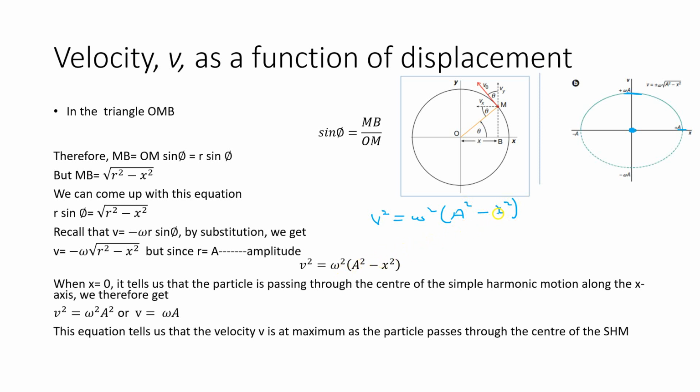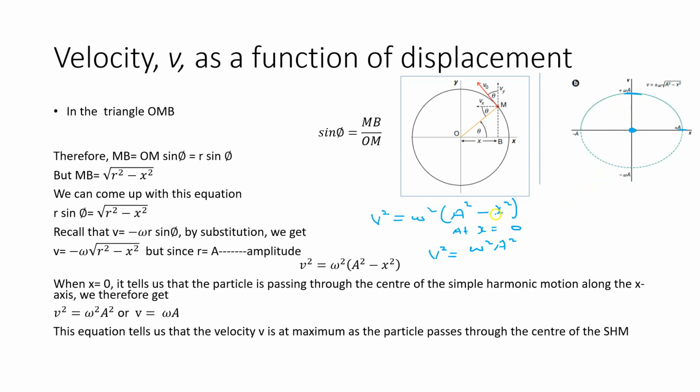Now, if you are at zero displacement, where x equals 0, you're going to realize that v squared is equal to omega squared times a squared. This is essentially showing us that at zero displacement, you record your maximum velocity. All right, maximum velocity.